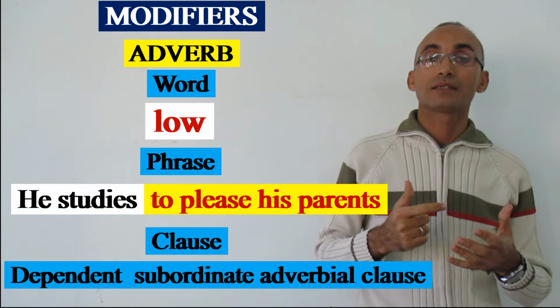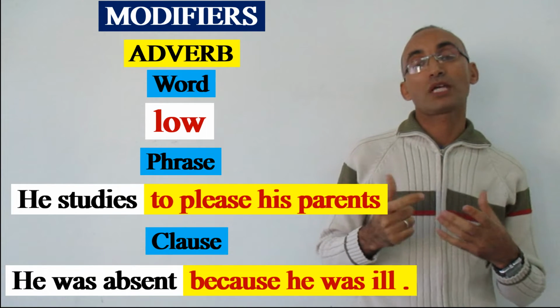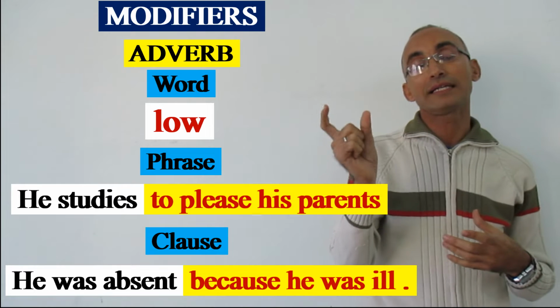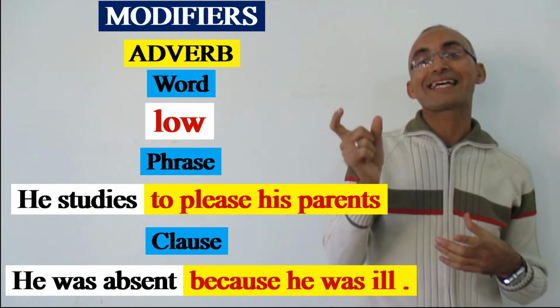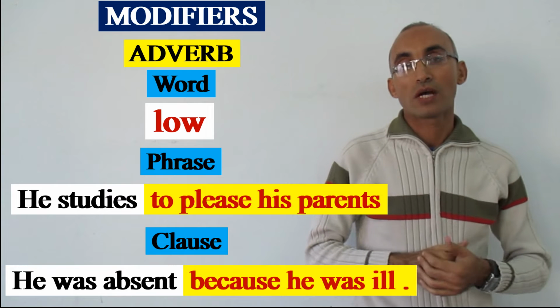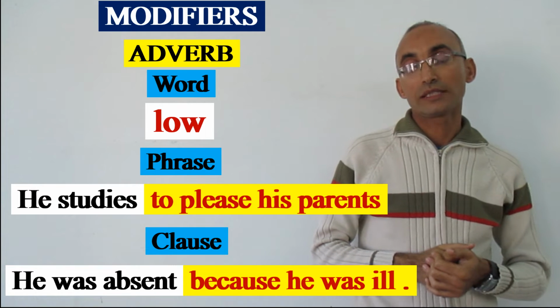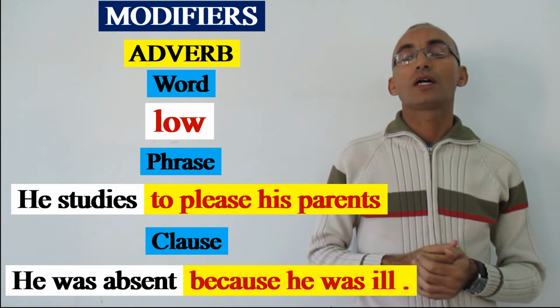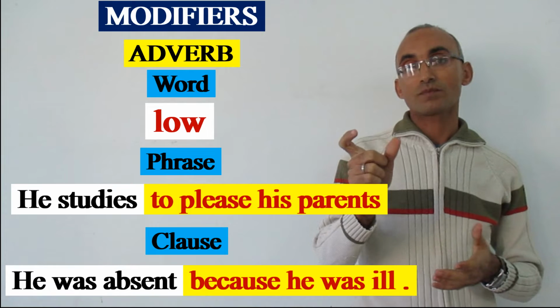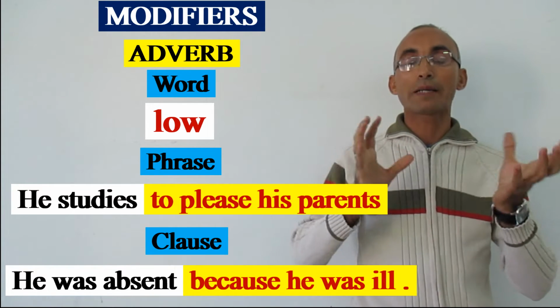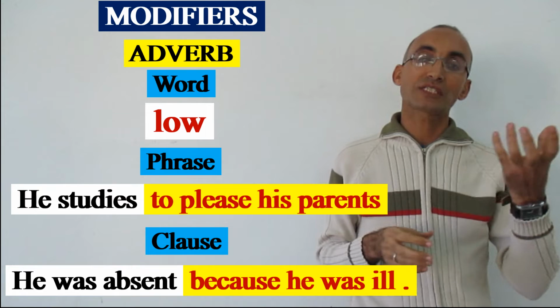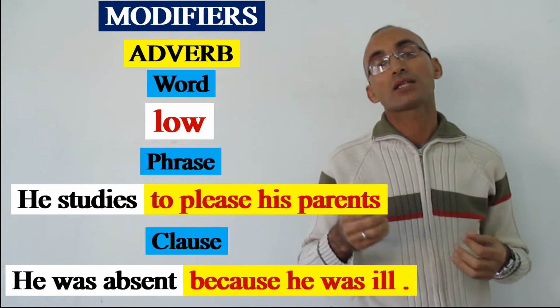He was absent because he was ill. So because he was ill here, a subordinate clause, acts as an adverbial clause. Clear? So here we have the two types of modifiers. We have adjectives mainly and adverbs.